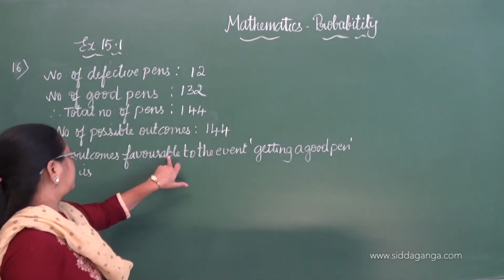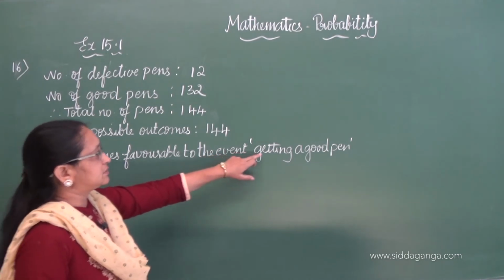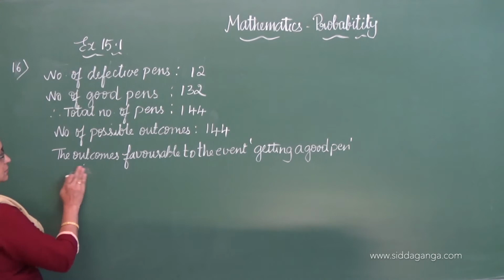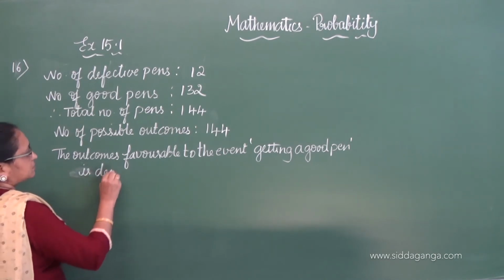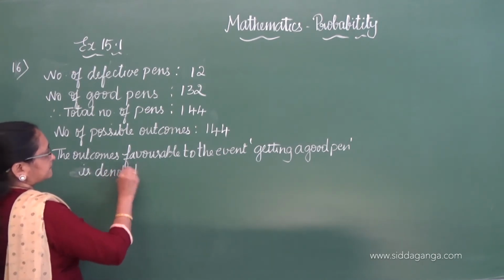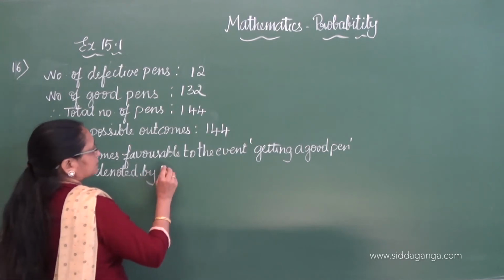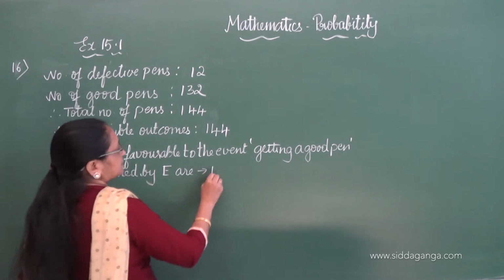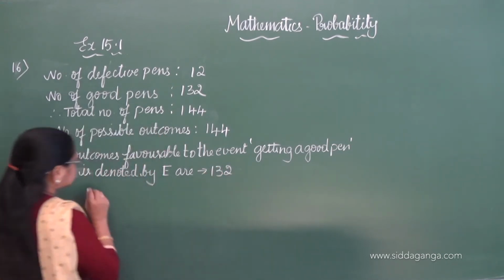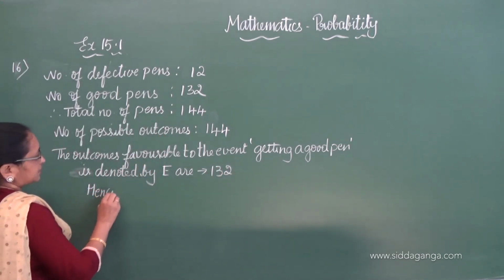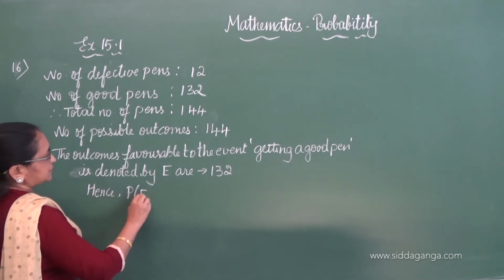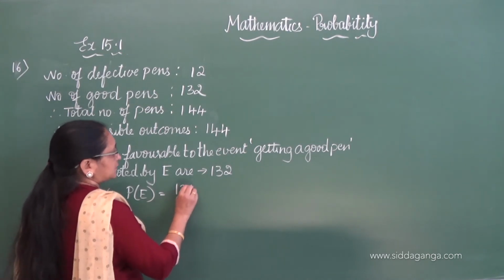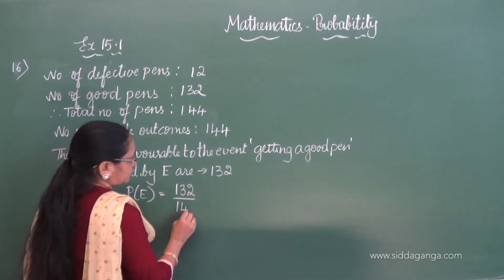So, the outcome favorable to the event getting a good pen is denoted by E, or how much? 132. Hence, probability P of E, probability of getting a good pen is 132 divided by 144.